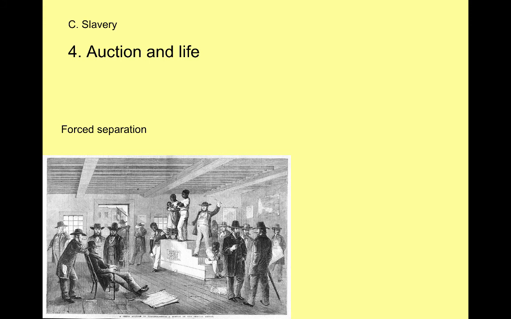But another aspect of that is that on the auction block, slaves will purposely be split up from their families and friends and tribal members that they may have been captured with. The reason for this is that if you're a plantation owner, you don't want these new slaves, who are more likely to rebel because they're new to slavery, plotting a rebellion. And so you will separate them into different tribes.